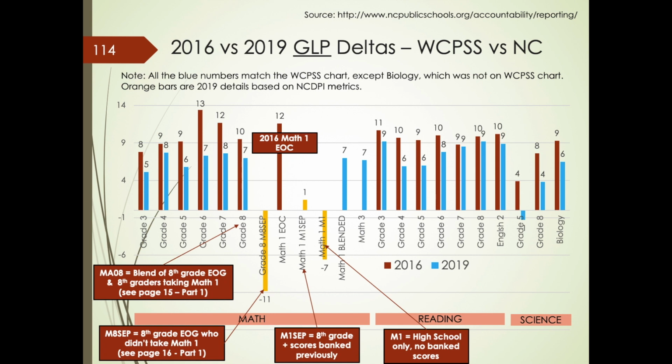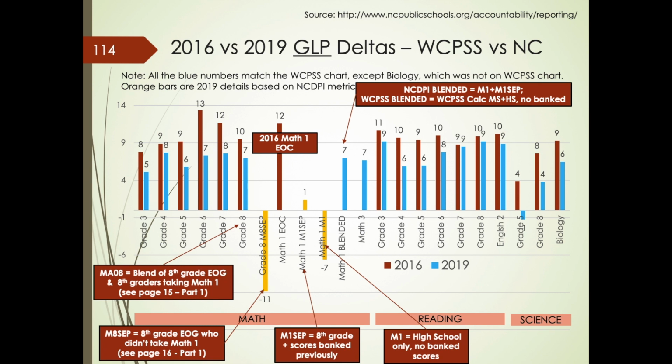And again, these contain no banked scores in this group. And then last but not least, we have the Math 1 blended number, NC DPI. Using those numbers, you can just blend those two metrics together. And then Wake County does a blending, which is pretty close to the first one, but it doesn't include any banked scores.